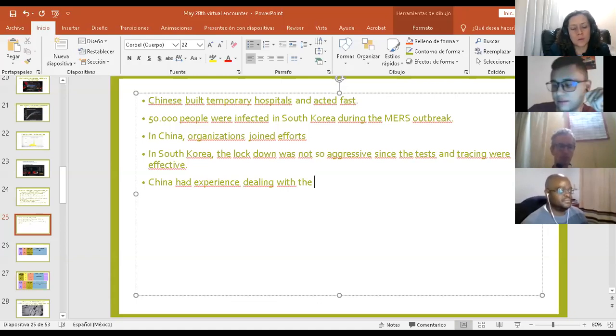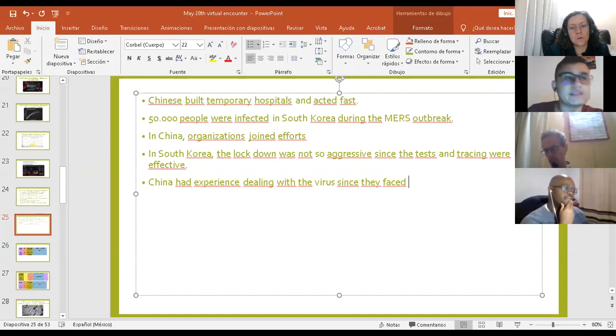As they have been the first to deal with this virus, they have advantages because they know more about the virus, and it has allowed them to control it.